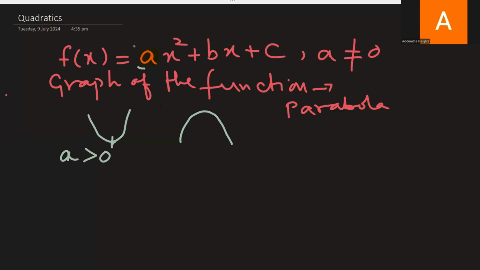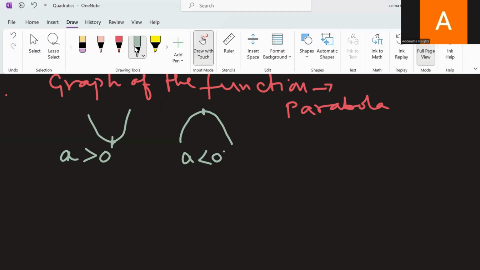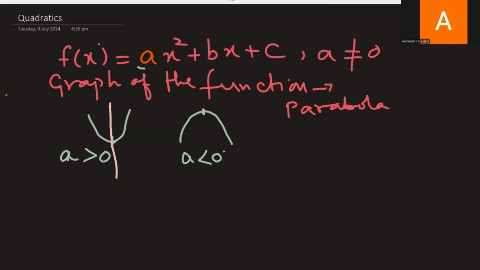And if the value of a is less than 0, then the curve has a maximum point which occurs at the highest point of the curve over here. These maximum or minimum points are called turning points or stationary points. Every parabola has a line of symmetry that passes through the maximum or minimum point like this. This is called the line of symmetry.